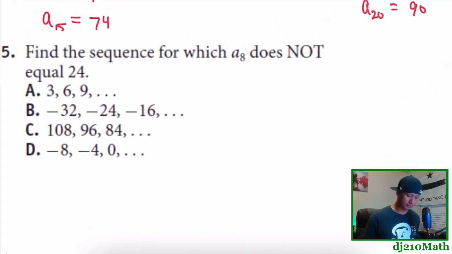Find the sequence for which A sub 8 does not equal 24. We're adding 3, we're adding 3.